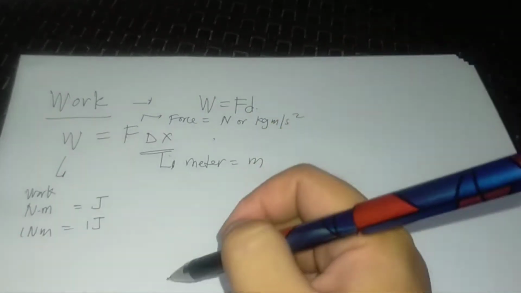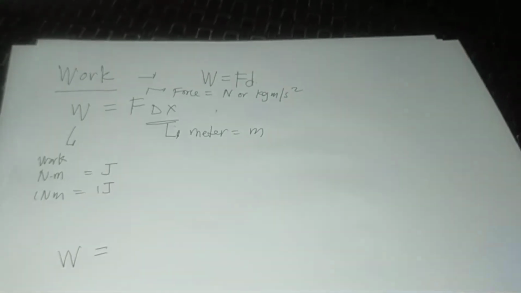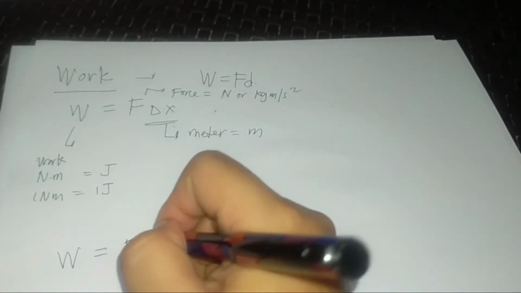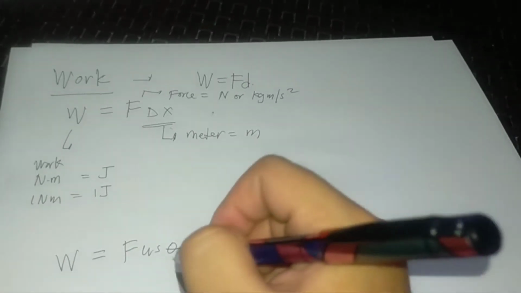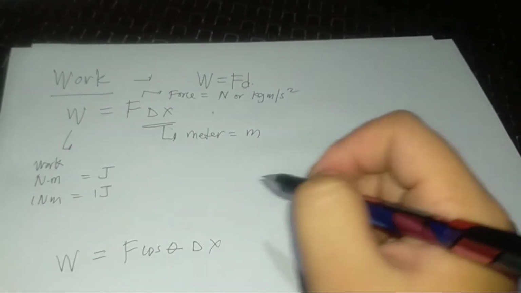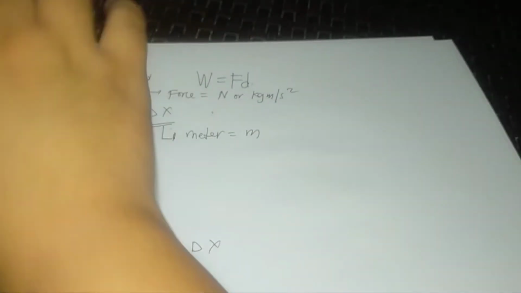Another one, we also have W equals force times cosine of the angle times delta X, if there is an angle present in the illustration or in the given problem.